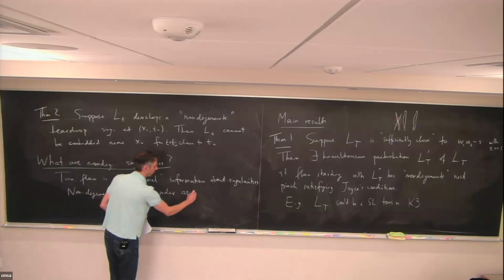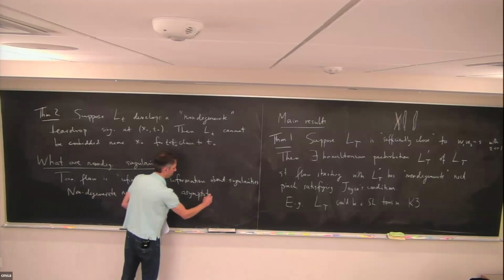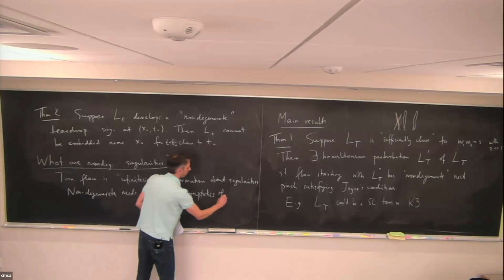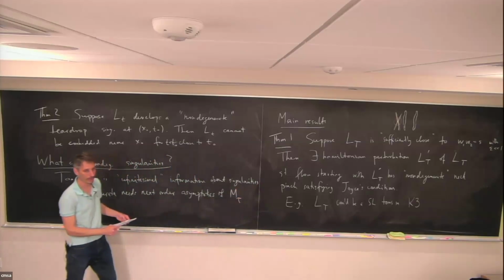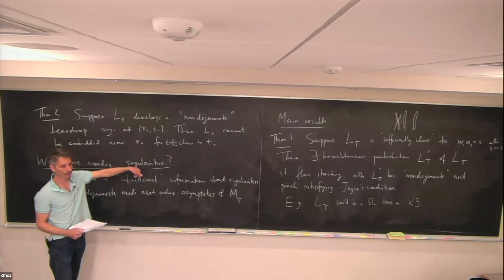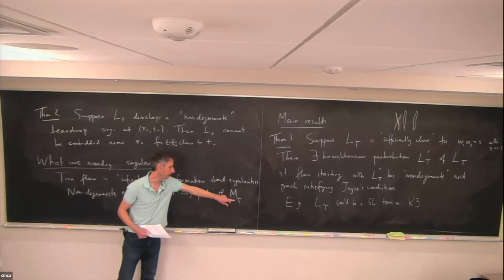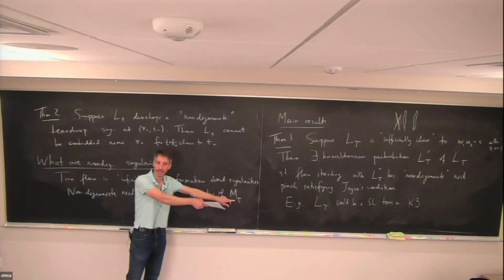You could think of it as some sort of asymptotics. Remember, I had this rescaled fluid, and having a tangent fluid just tells you where this converges as tau goes to infinity.